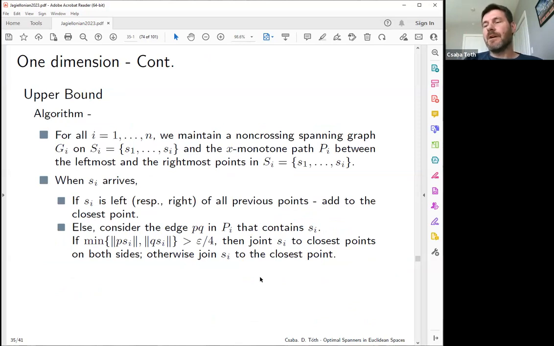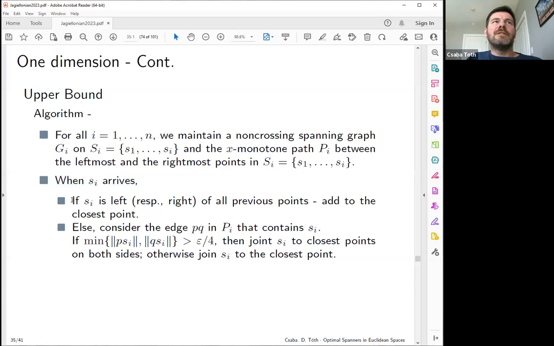This spanner will not be a path in general, but on top of the current spanner, the algorithm also maintains an x-monotone path between the leftmost and rightmost points. So we need to tell what to do when a new point arrives.